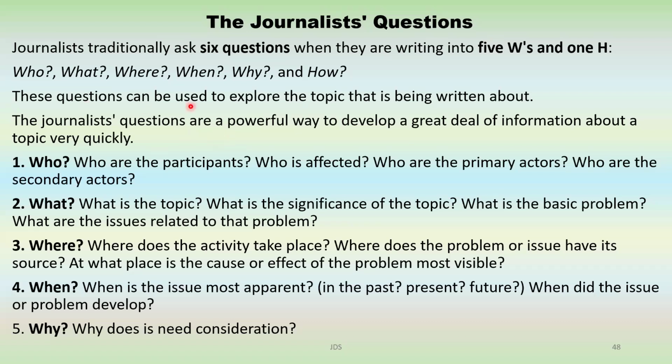These questions can be used to explore the topic that is being written about. Journalist questions are a powerful way to develop a great deal of information about a topic very quickly in order to decide on the content. This is a very useful kind of task.